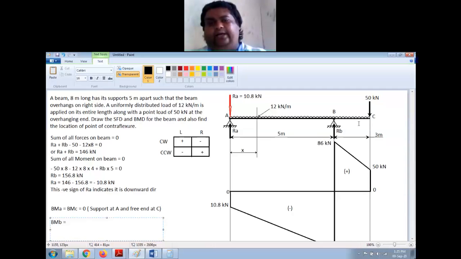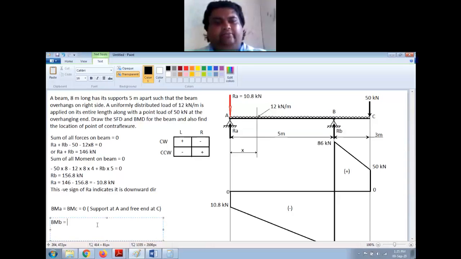So here I have 50 kilonewton force which is acting downwards, and this is making a clockwise moment, right? So on the right side clockwise, so it is negative, both will be negative. So this is minus 50 into the perpendicular distance between B is 3.